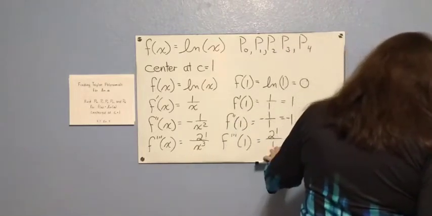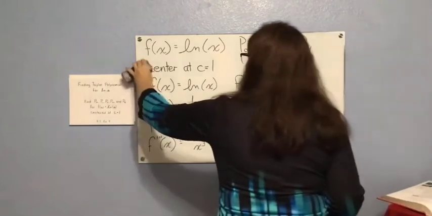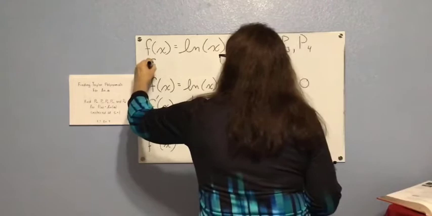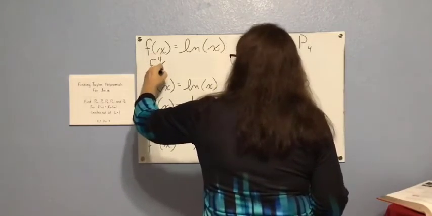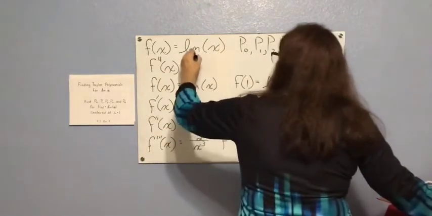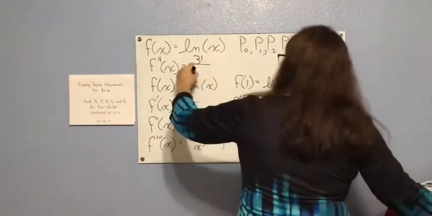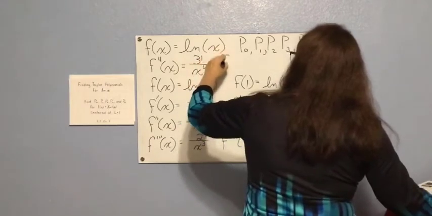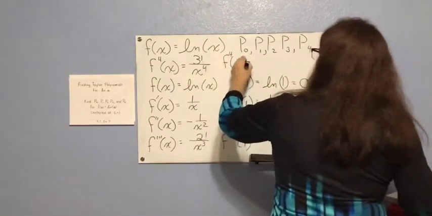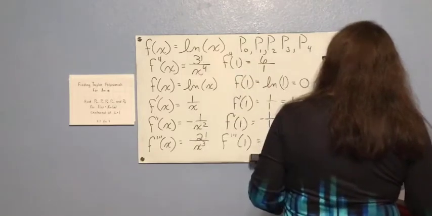Okay, and I could go on with that. They asked for P4, so I need to do the fourth derivative. Let's do that up here. The fourth derivative would equal negative 3 factorial over x to the fourth. So at 1, the fourth derivative would be 3 factorial, which is 6, so negative 6.